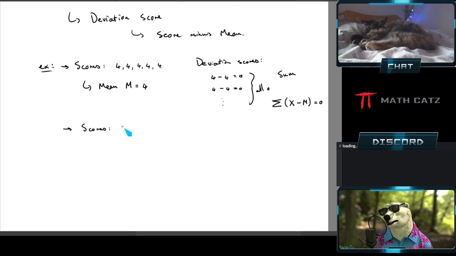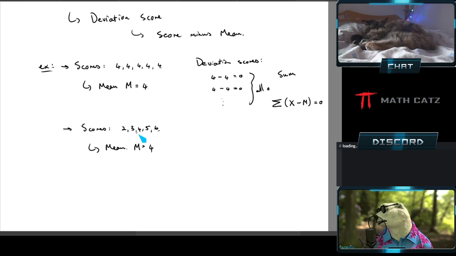If I have scores 2, 3, 4, 5, 6, not very creative, but maybe they were shuffled around, I don't know. The mean is, let's see, 2 plus 3 is 5, 5 plus 4 is 9, 9 plus 5 is 14, plus 6 is 20, 20 divided by how many there are? 5, it's still 4. It's the same mean, same position. But I have some variety in this case, right?